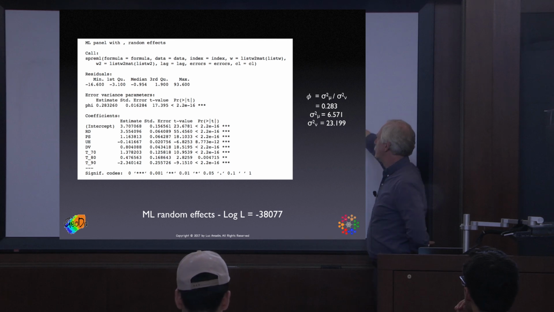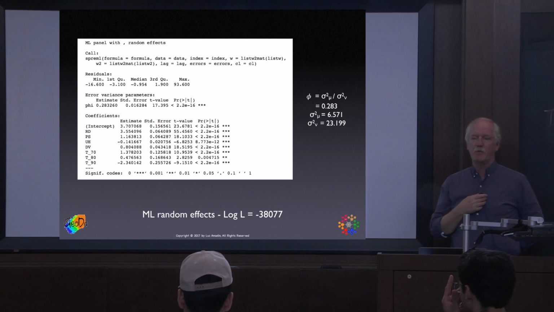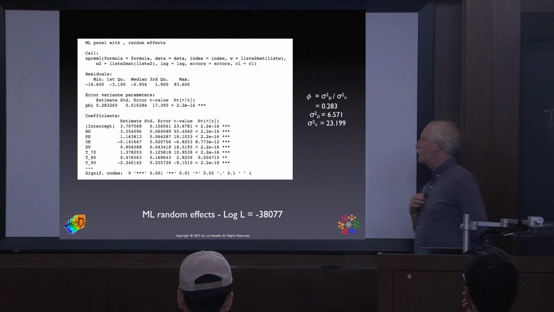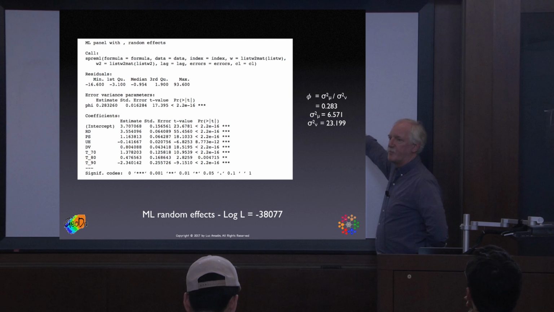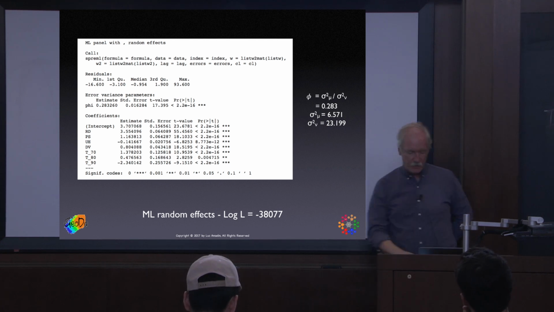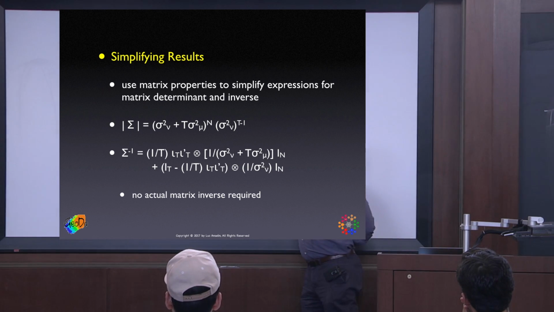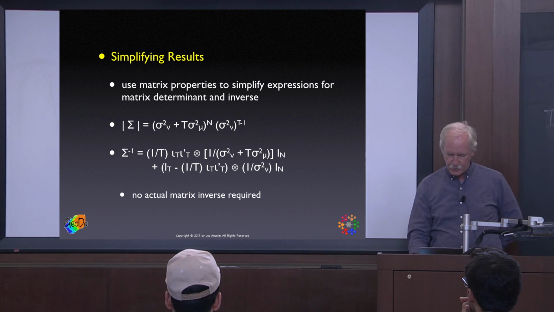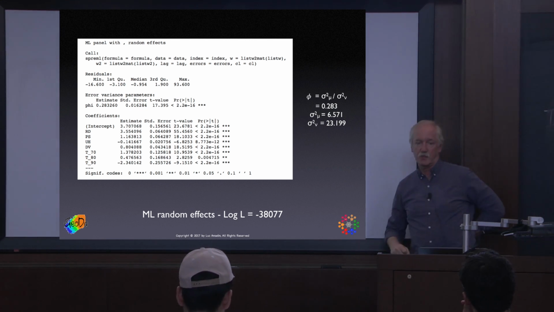This is a typical simplification: to reduce the number of parameters, the ratio of the within variance over the between variance is used as a parameter. Then using these expressions, you can extract all the parts. So we have within variance and between variance, and then the total variance is the sum of these.